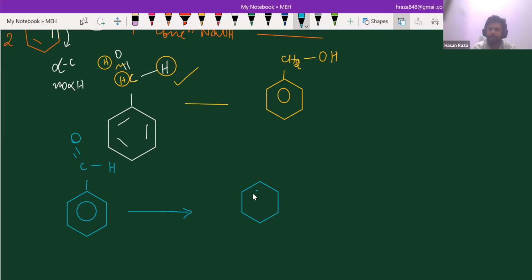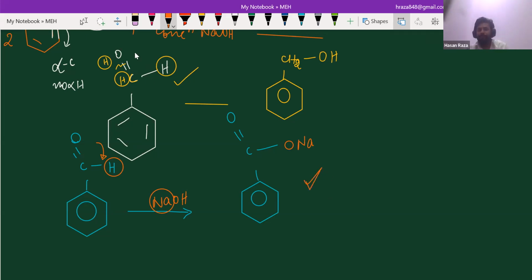That means this C double bond O will be as it is, and there will be addition of oxygen here, and this hydrogen will be removed or replaced by this metal. Now it is carboxylic acid salt. Is that clear? If you remove that hydrogen from OH, then this will be carboxylic acid salt. It's so simple.